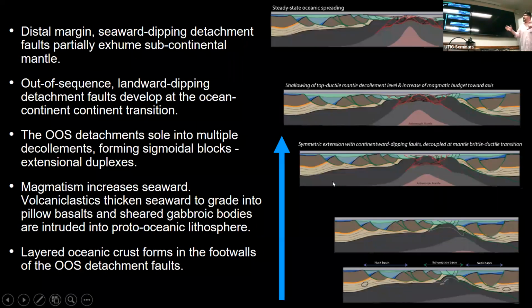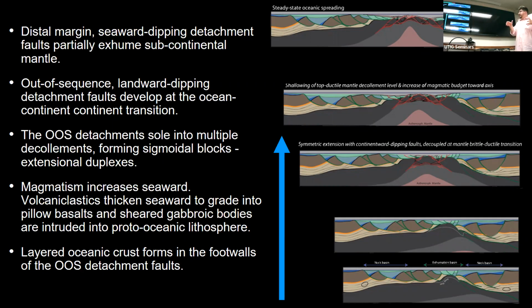So to summarize this section at the top, we start off in the distal margin with these seaward dipping detachment faults that partially exhume the subcontinental mantle. These get overprinted by these out of sequence detachment faults that develop at the ocean-continent transition, and these sole into multiple décollements.